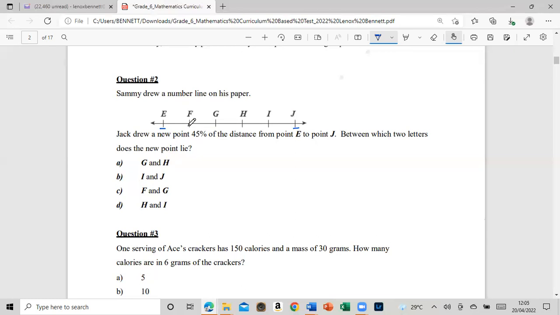All right, so you want 45% of the distance. We have to establish 100%. So let's go: 1, 2, 3, 4, 5. So it's basically saying 45% of 5. So the total distance is 5.